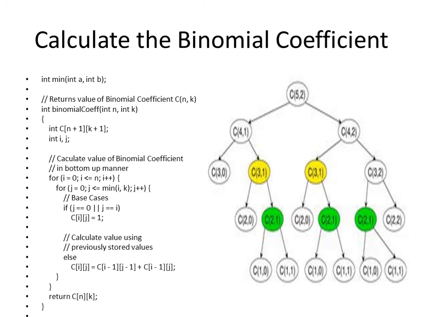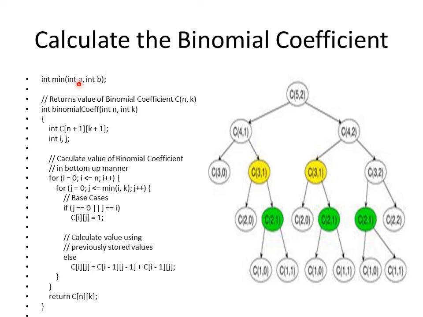I am showing how it works in code. Here you can see int minimum, with int a and b as two variables, which returns a value for the binomial coefficient C of n, k. There are two functions: one is the minimum function and the other is the binomial coefficient function with int n and int k.